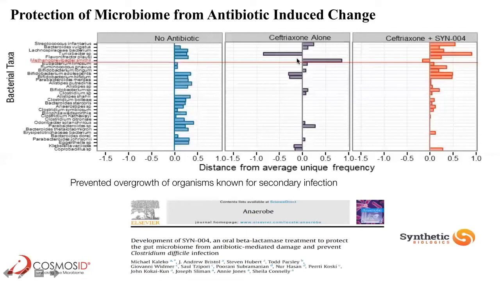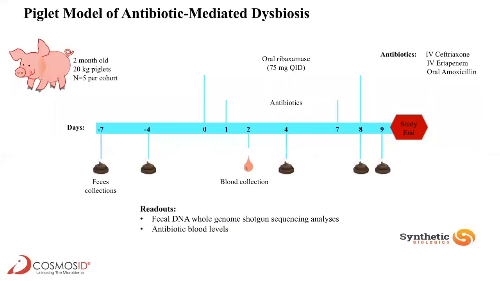On the other hand, when you treat a pig with antibiotic, you see severe dysbiosis, which gives rise to overabundance and underabundance of certain populations, which is known to cause secondary infection. Also, when you use a drug like SYN-004, developed by Synthetic Biologics, it protects against the deleterious effect of antibiotic, preventing the secondary infection.